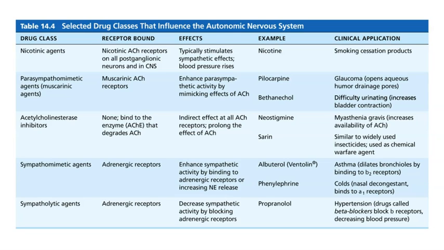Other types of chemicals, like acetylcholinesterase inhibitors, tend to interfere with the ability of the enzyme called acetylcholinesterase, which is going to break down ACH, which allows ACH to stay around for a longer period of time, helps to prolong the effect of any released acetylcholine.